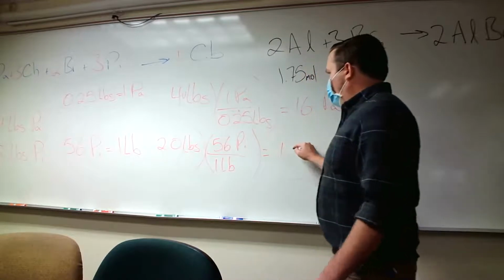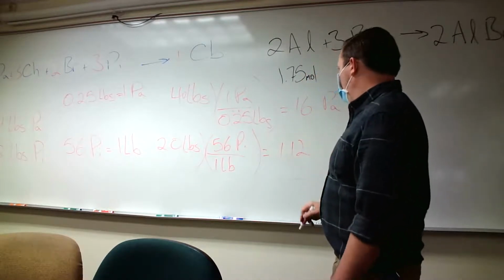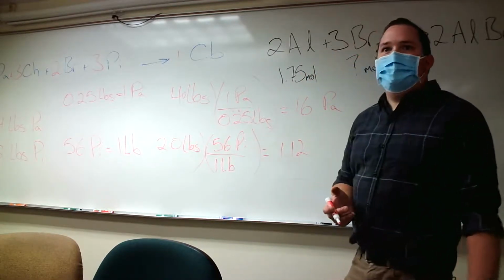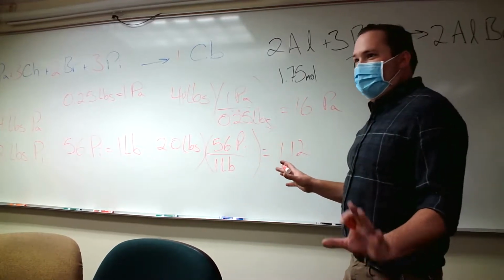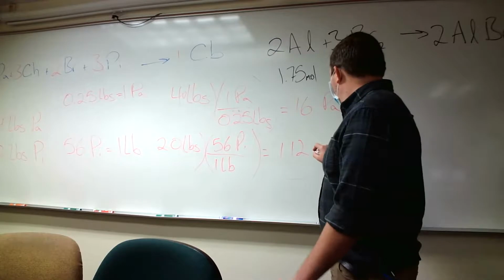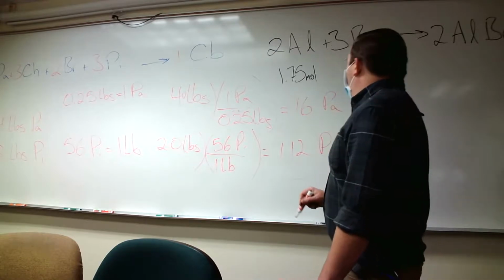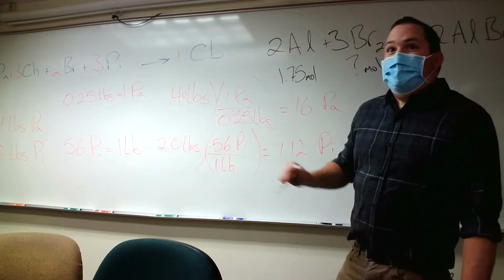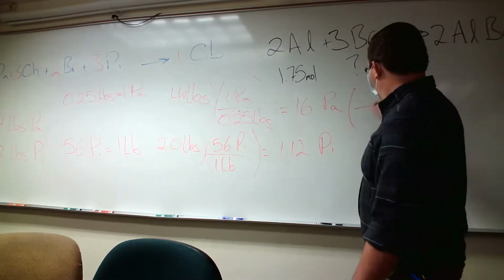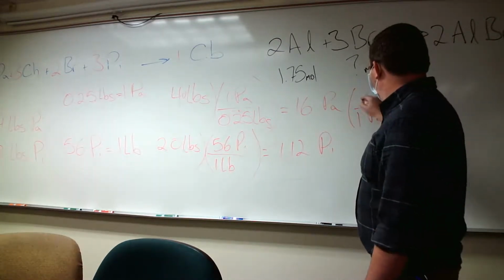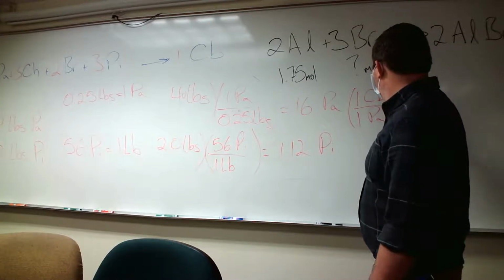So 112, which, since we're dealing with whole numbers, I'm fudging on sig figs, so don't take this as a good example for sig figs. So now how many cheeseburgers can we make? Now that we're in pieces, we can say, well, 1 patty makes 1 cheeseburger.